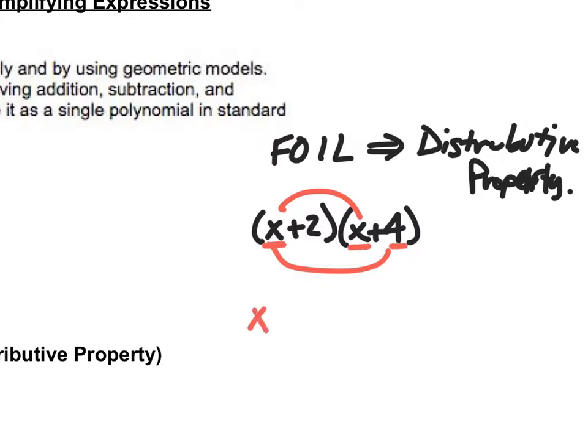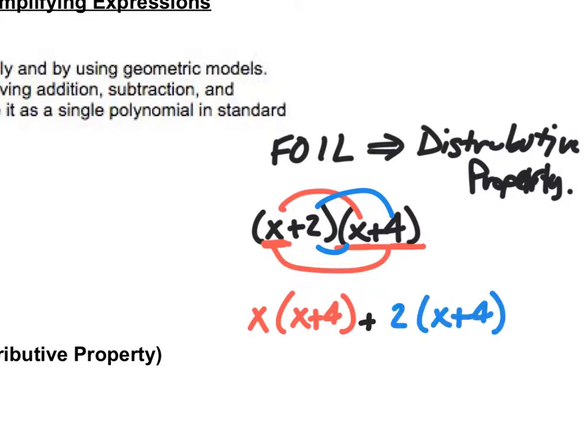You can really just take this term here and multiply it by the entire thing over here, x plus 4. That's essentially what you're doing when you multiply the first and the outside ones. Now when you do the inside ones and the last ones, you're taking 2 and multiplying it by x plus 4, okay?